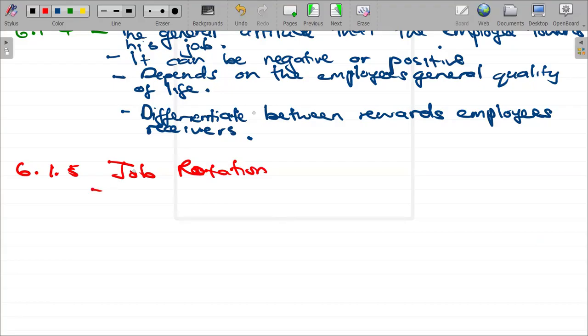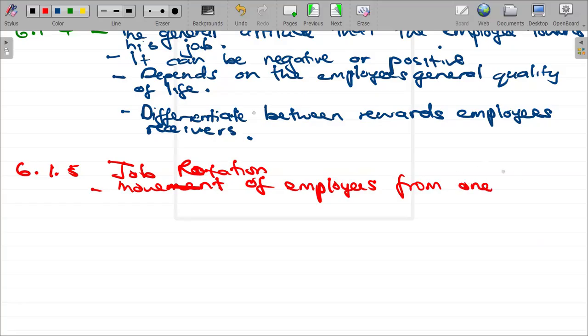Job rotation normally involves the movement of employees from one job position to another, right?